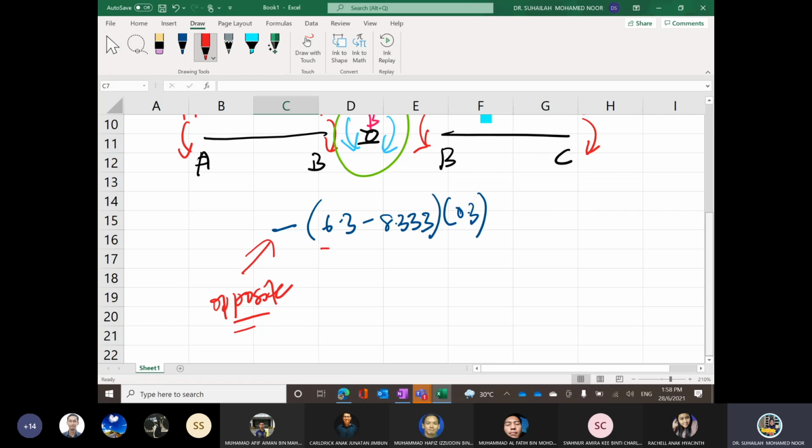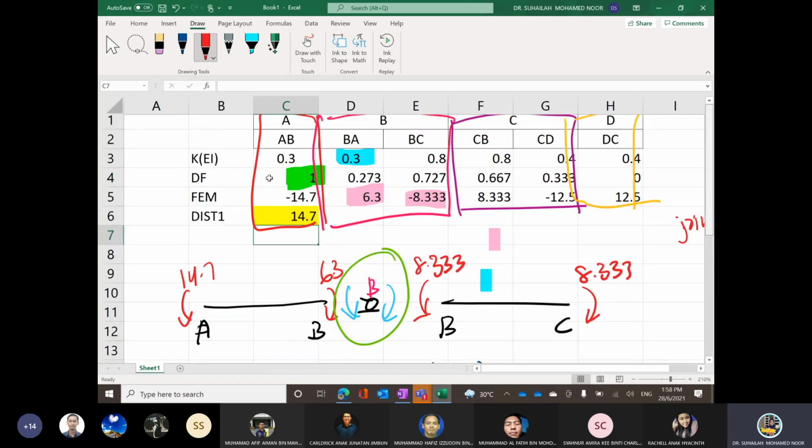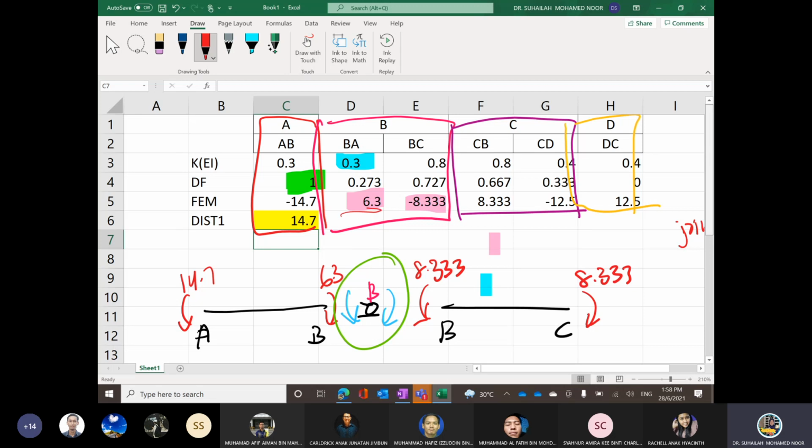And then 6.3 and negative 8.333 we get from the fixed end moment in the table. The total moment, to get the value for this, we must times with distribution factor. So the process is like this.